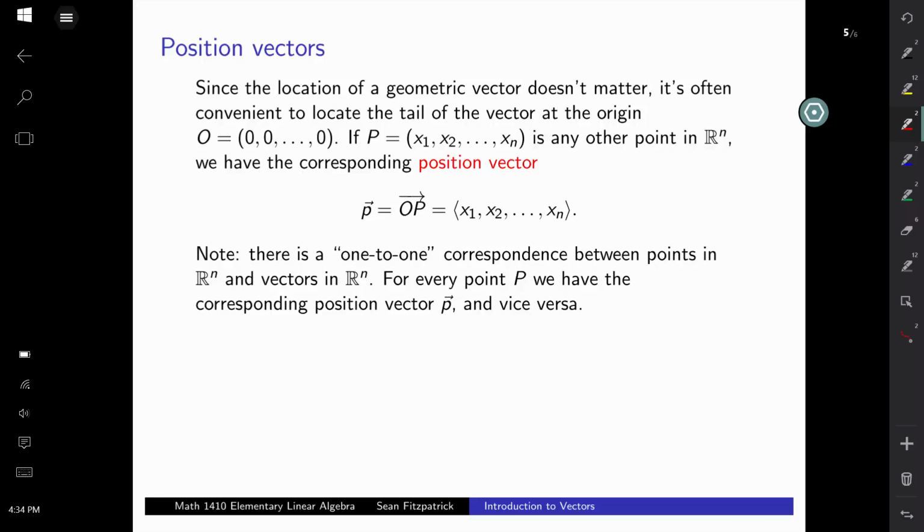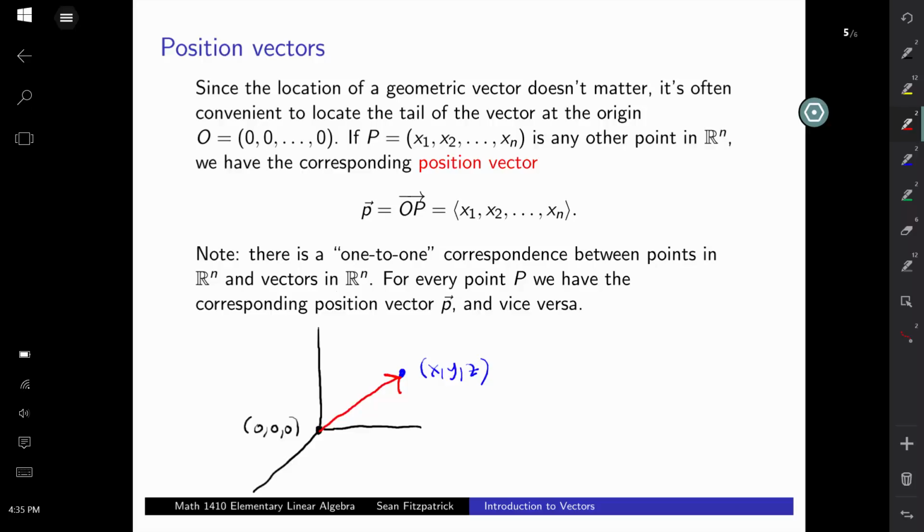Now, because you can draw a vector anywhere you want, one of the most convenient places to draw that vector is to put the tail at the origin, and you get this notion of a position vector. So if you think of a three-dimensional picture, the origin being here, 0, 0, 0, and I have any other point in space, say x, y, z, sitting there, then I can draw the vector from the origin to that point.